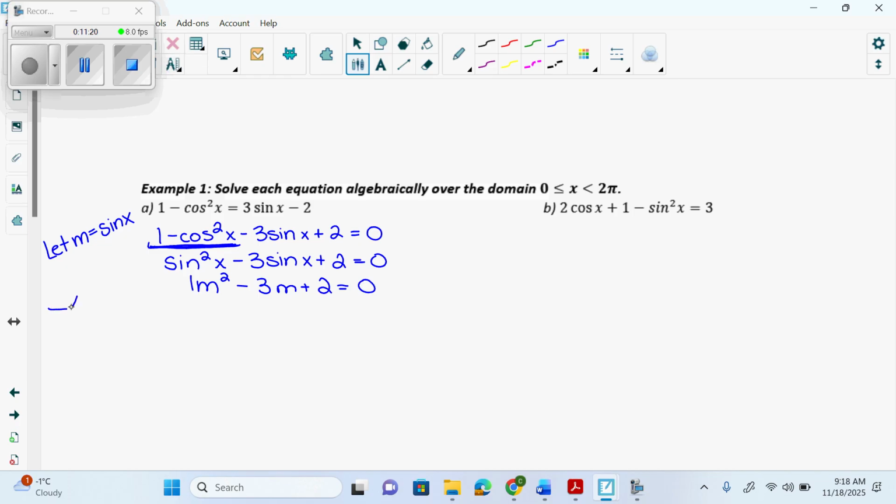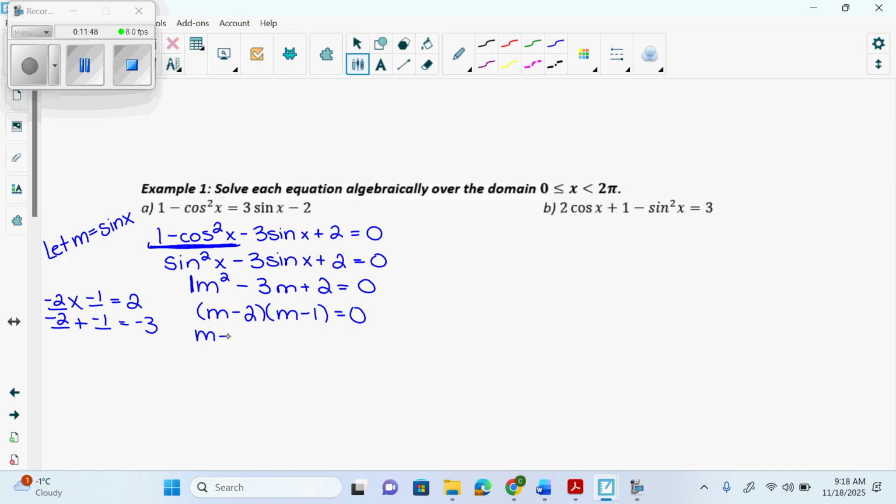So I go what times what equals 2, what plus what equals negative 3. What's it going to be? Negative 2 and negative 1. So I can go right to brackets only because there's a 1 in front, and get m minus 2, m minus 1 equals 0.